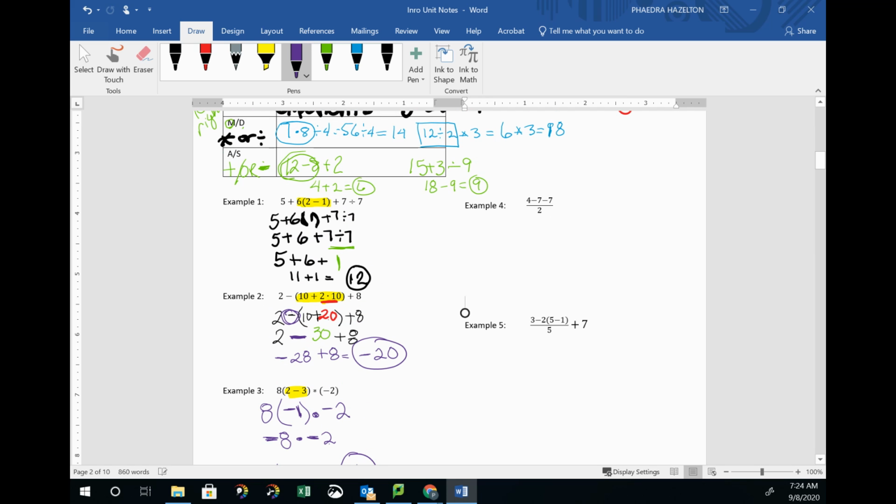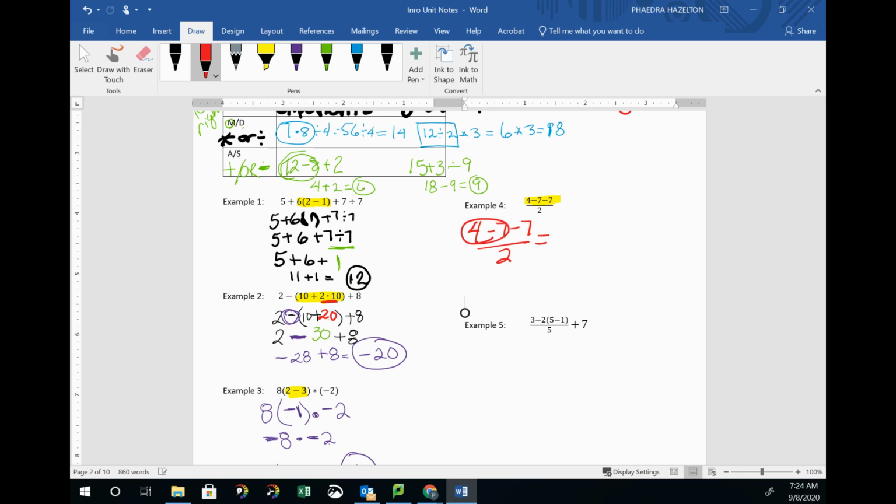Okay, and then the next set of groupings, the grouping is like parentheses. All of this on top is your grouping. So we're going to go through and we're going to do that adding part. So 4 minus 7 over 2.